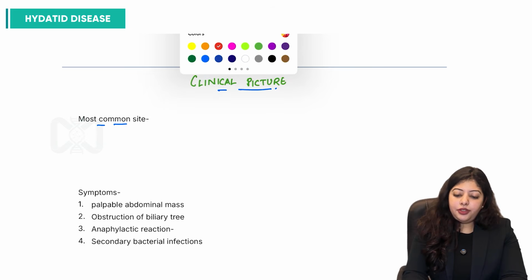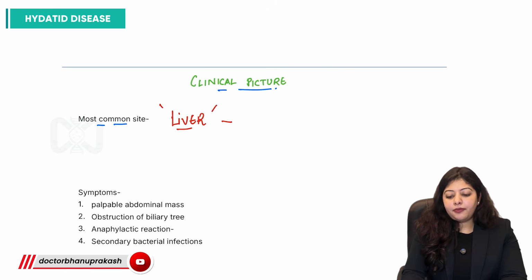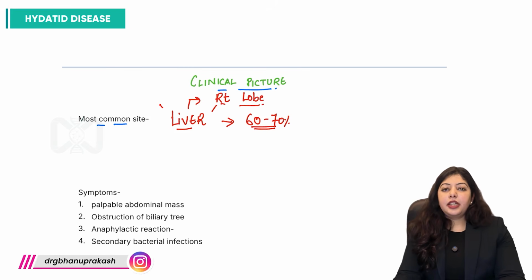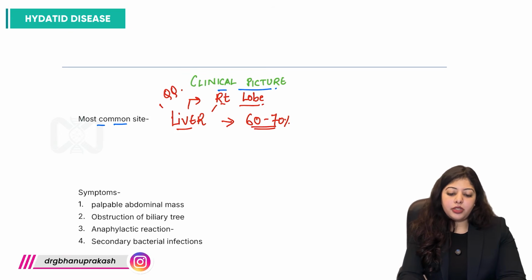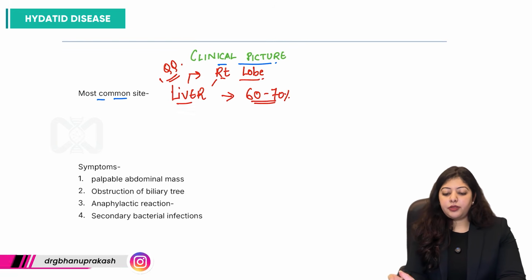It is the liver which is the most common site affected, seen in 60 to 70% of cases. And what lobe of liver? It is the right lobe of liver. So whenever asked about cystic hydatid disease, what is the most common site? This is the most common site, liver. Seen in 60 to 70% of cases.